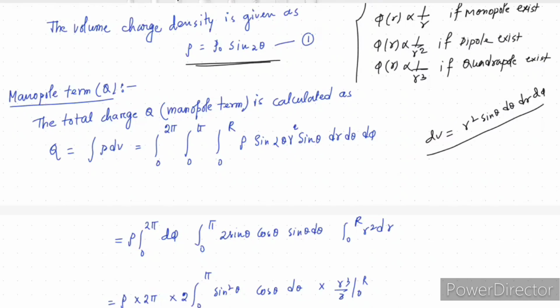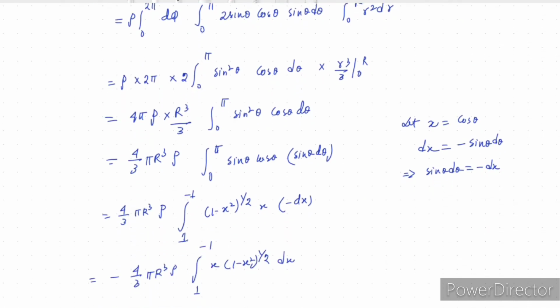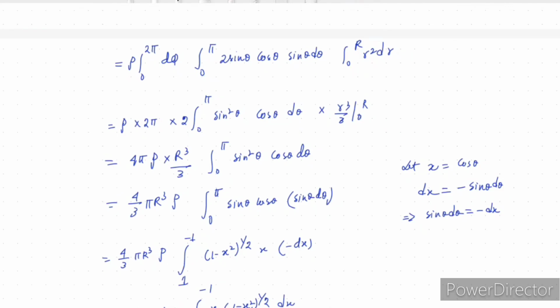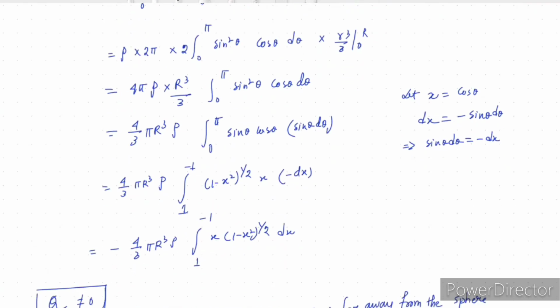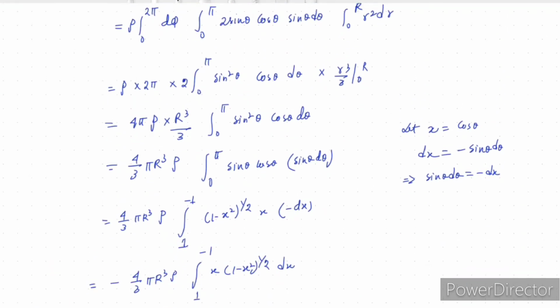So let's substitute this value and do a simple calculation. We separate the theta part, phi part and r part, and finally we get these expressions, and q is not equal to 0. So let's do this one by one.